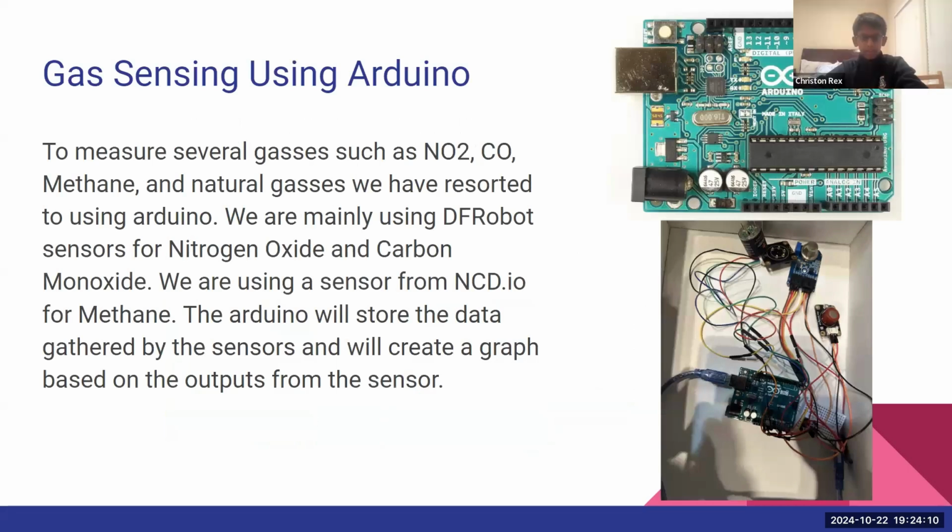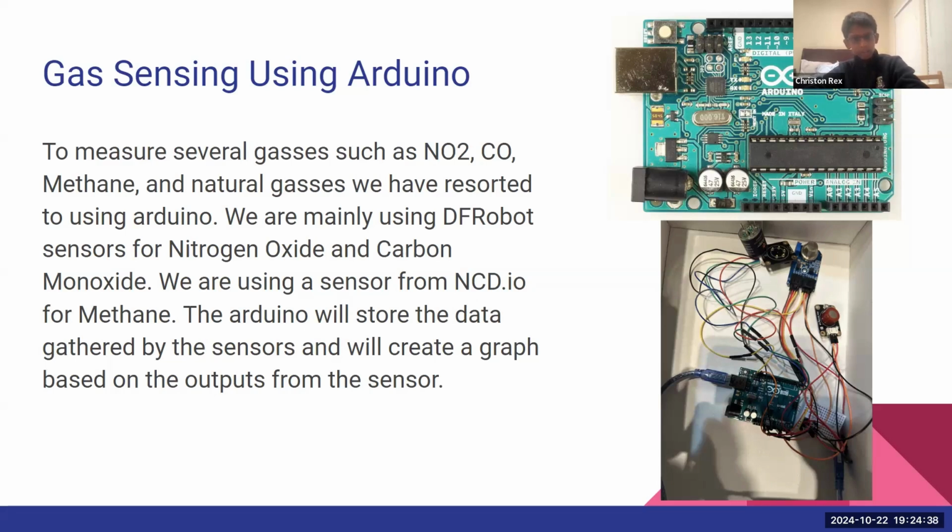To measure these several gases, we decided to use an Arduino and 3 gas sensors. The gas sensors that we use can find nitrogen oxide, carbon monoxide, and also methane. Both nitrogen oxide and methane are greenhouse gases that weaken the ozone layer in our atmosphere and cause harmful rays of sunlight to penetrate through the earth.